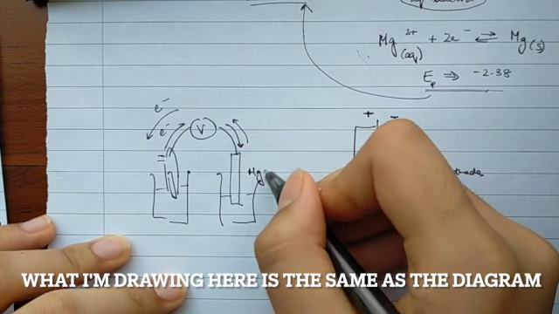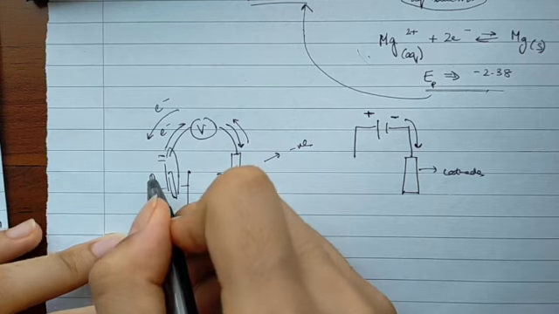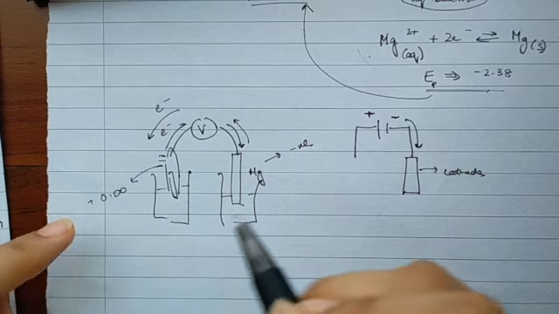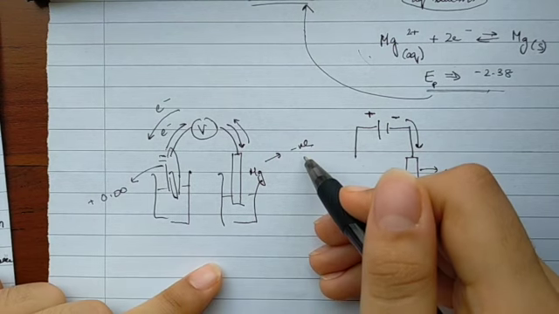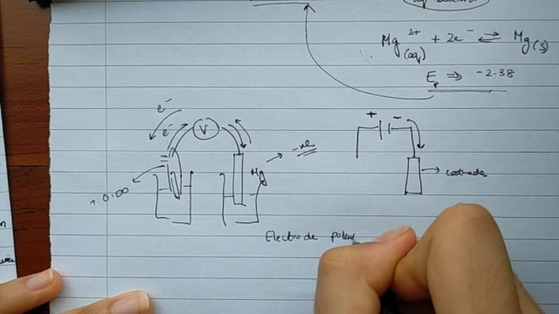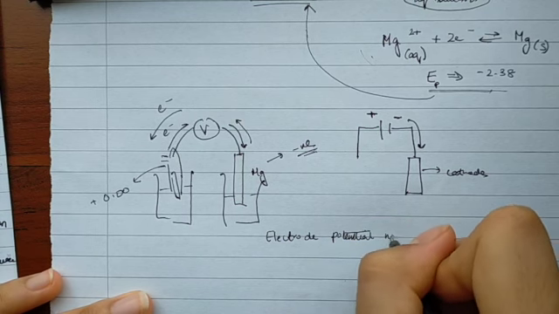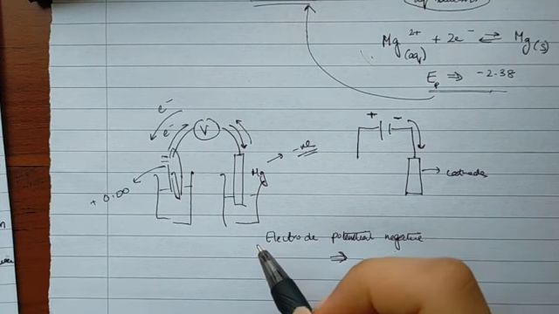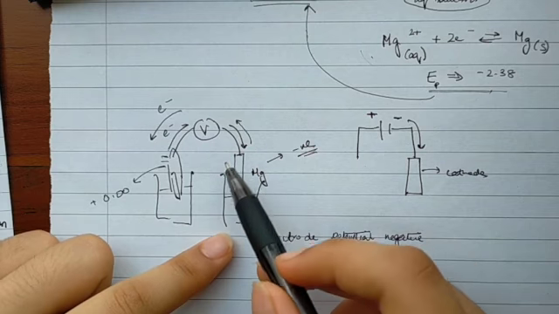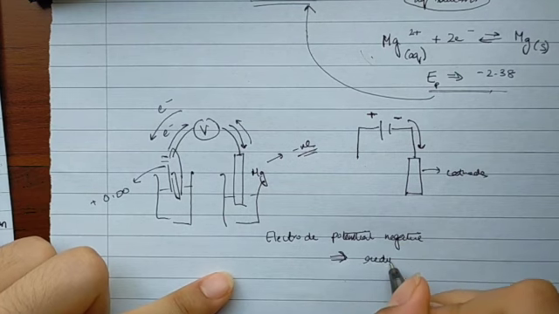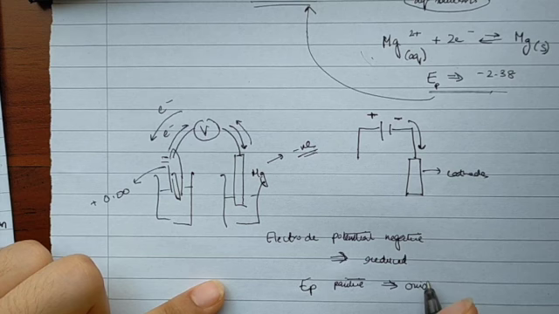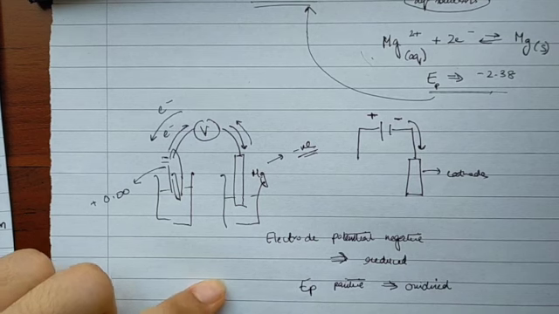We know the electrode potential of magnesium is negative, but hydrogen is 0, as it's the standard. When the electrode potential is negative, the electrode is being reduced. But if the electrode potential is positive, then the electrode is being oxidized. This is very important to know.